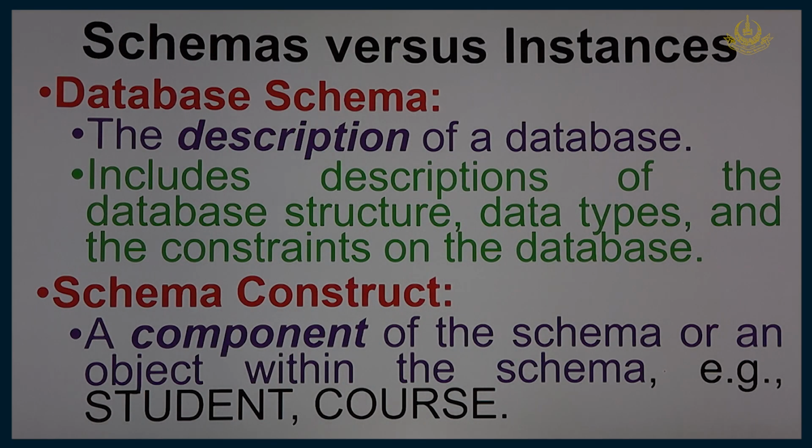Then the schema. What is a schema and what are instances? The schema is basically the description of a database that includes the description of tables or entities and their attributes, their relationships, their data types, and the constraints on these databases. A schema construct is a component of the schema or an object within the schema. For example, student is a construct, course is a construct.